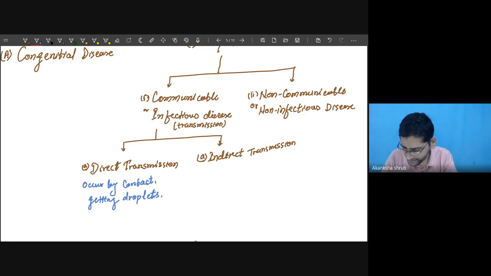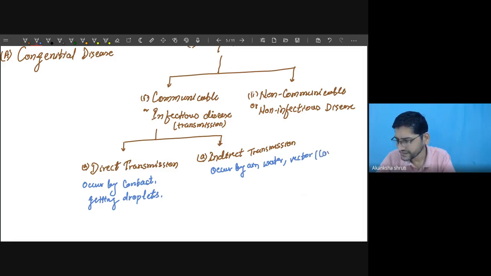So this can occur by air or water or even soil, or by a vector. What is a vector? The carrier, that is called the carrier. Like the mosquito is one of the carriers, so vector.